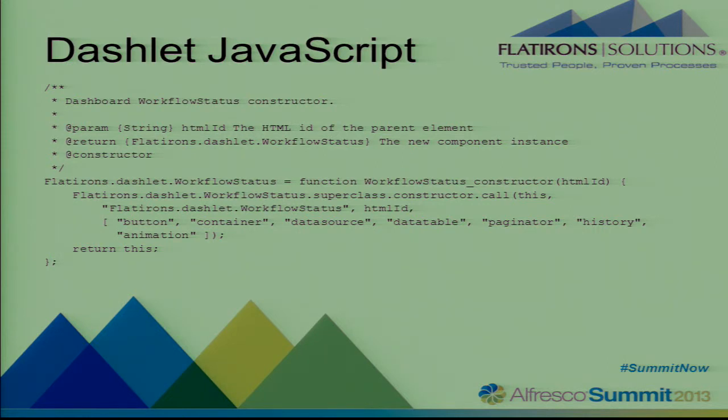And then here is just our constructor. Nothing very stunning here. Again, we just have to define the components that we're going to use. Buttons, containers, data table, and so forth.